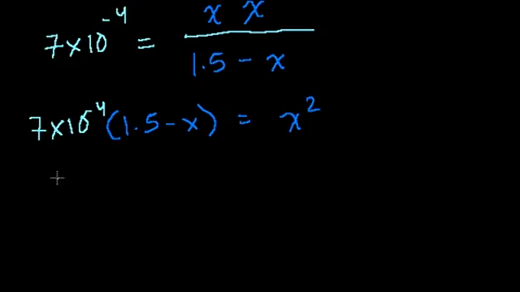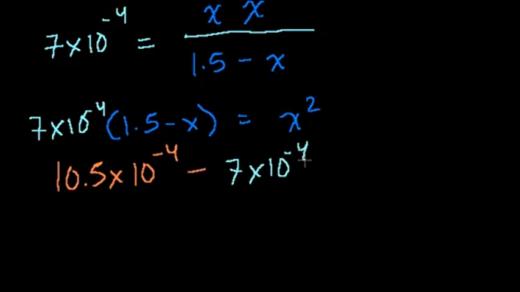So we have 10.5 times 10 to the minus fourth, minus 7 times 10 to the minus fourth X, is equal to X squared. This looks complicated, but it's just a quadratic equation, and there are many videos on that. So let's just throw all of this onto the right-hand side, because I like having a positive coefficient here.